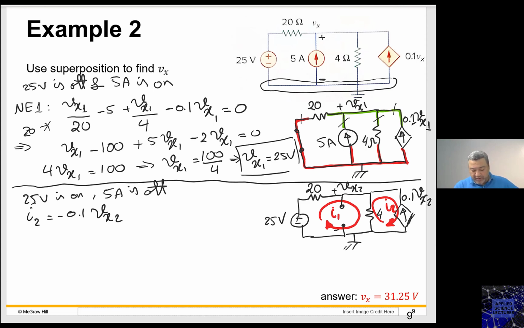What about I1? Let's write the mesh equation for I1.